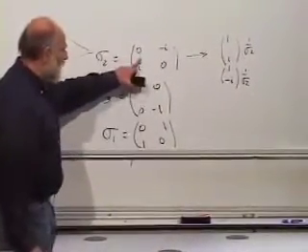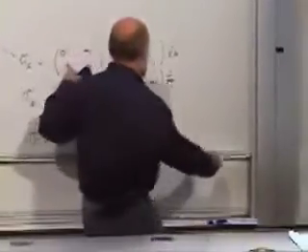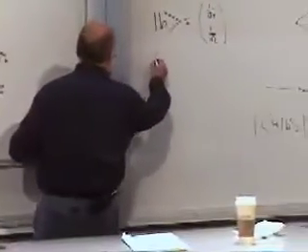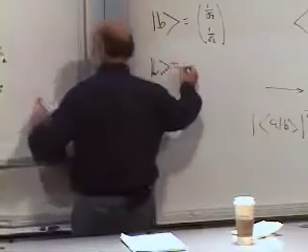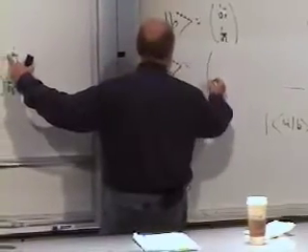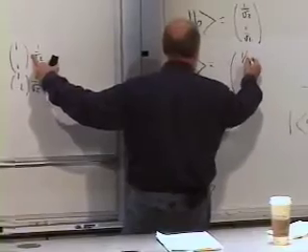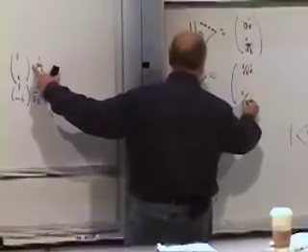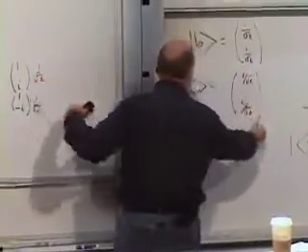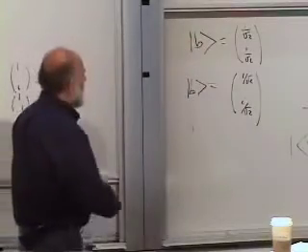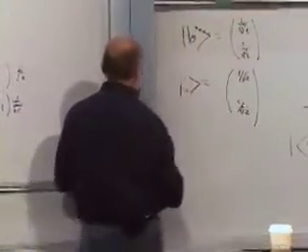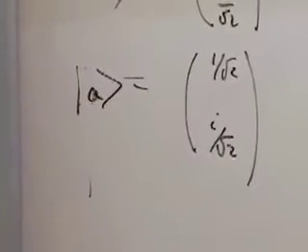So this time A is one of the two eigenvectors of sigma 2. Let's take this one: (1 over square root of 2, i over square root of 2). This is A, the eigenvector of sigma 2.